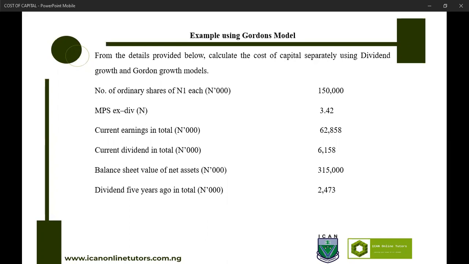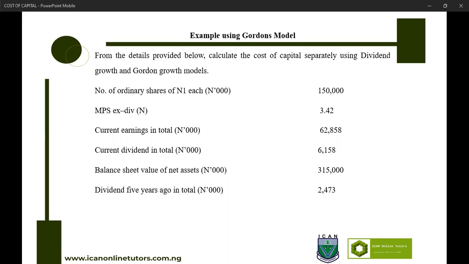The requirement states that we should calculate the cost of equity using both. We have illustrated with the dividend growth model, but let us still confirm if we can make use of that same dividend growth model before we illustrate Gordon's growth model.